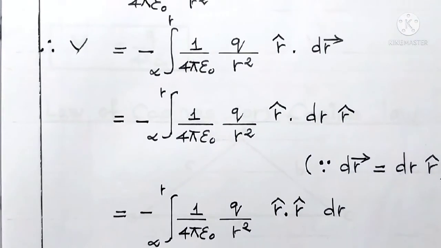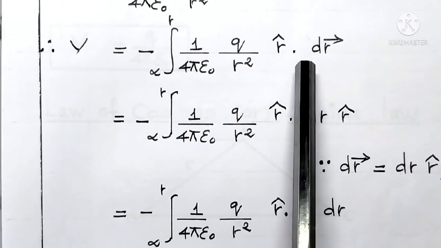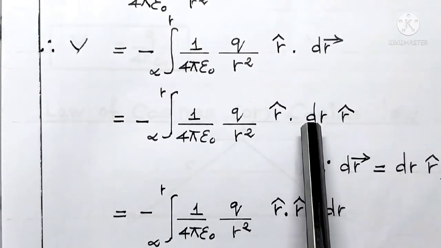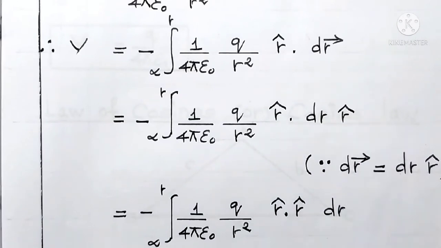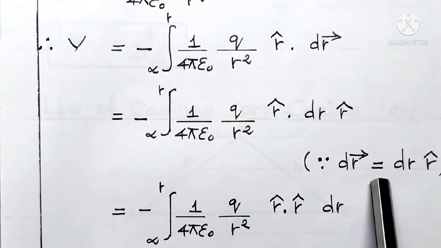In the next step, we have written everything as it is, but in the place of dr vector, I am going to write dr into r cap, because dr vector is equal to dr into r cap.